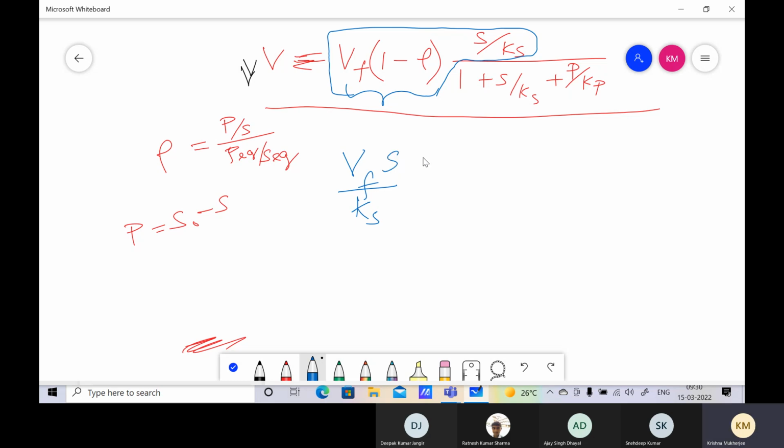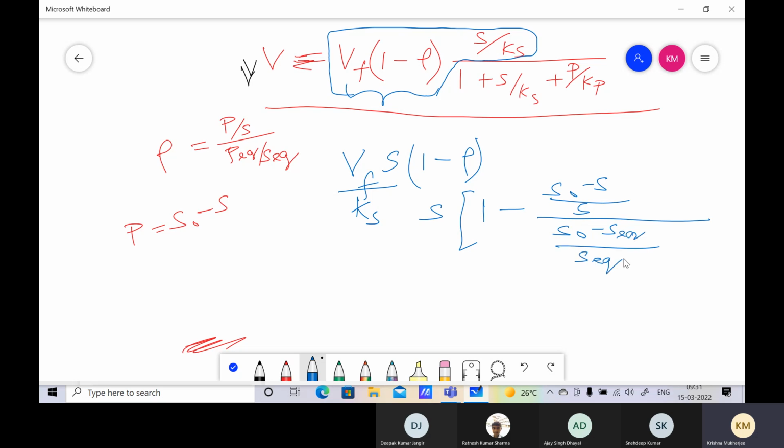S into 1 minus rho. Where we know this, S into 1 minus rho is S naught minus S upon S divided by P equilibrium by S equilibrium, which is S naught minus S equilibrium upon S equilibrium.